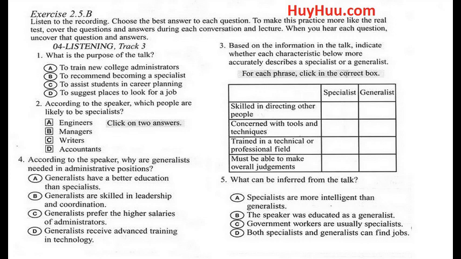Based on the information in the talk, indicate whether each characteristic below more accurately describes a specialist or a generalist. Number 4. According to the speaker, why are generalists needed in administrative positions? Number 5. What can be inferred from the talk?